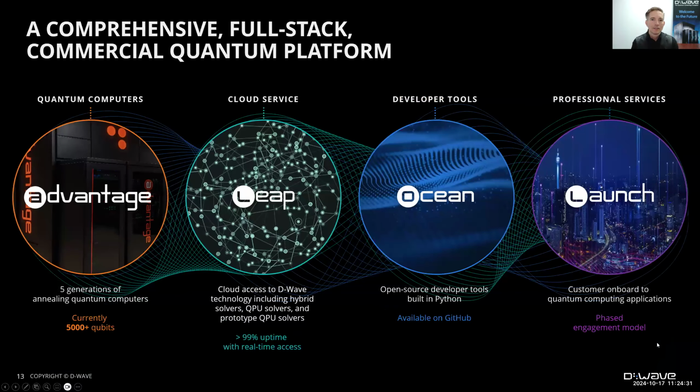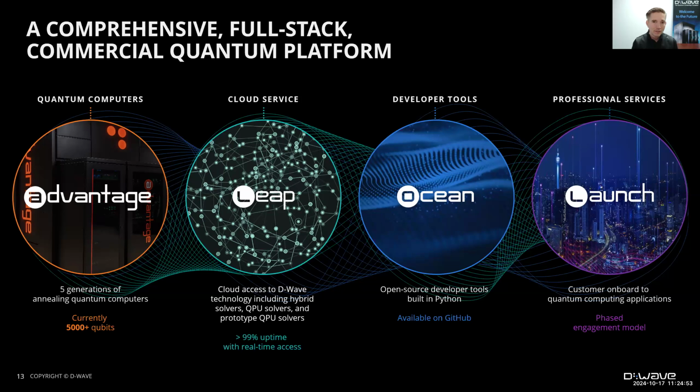So how are we supporting this with our technology stack? Well, D-Wave is known as a full stack quantum computing provider. So we have manufactured and produced 5 generations of commercial annealing quantum computers. And the largest, most highly connected quantum computers on the planet right now are annealing quantum computers with 5,000 qubits and 15-way connectivity.